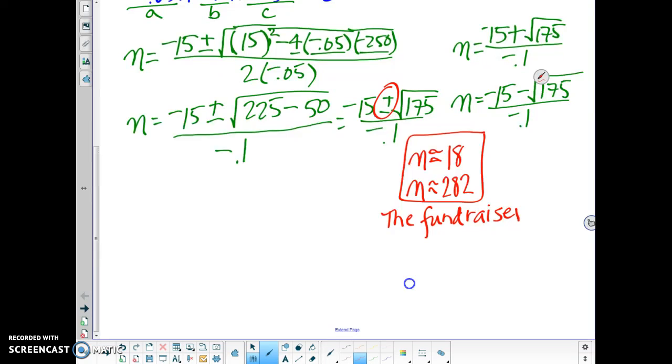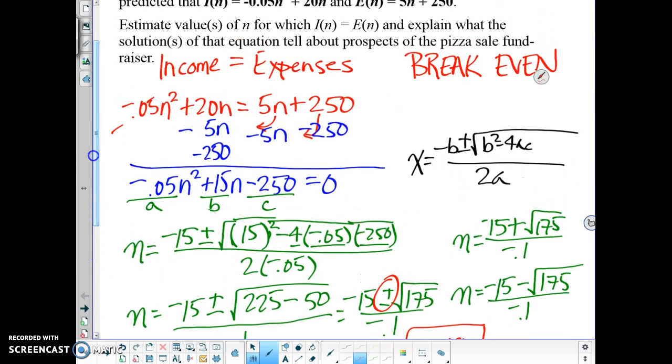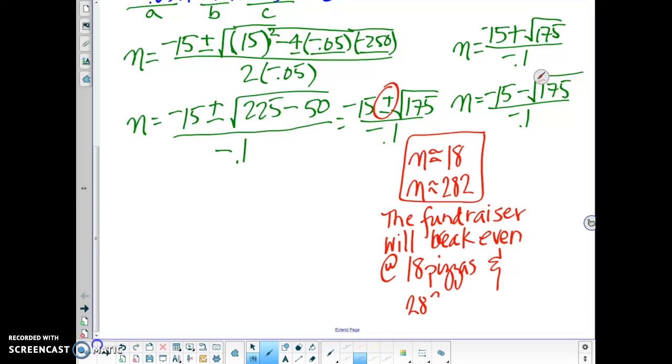Now if you go back to what we solved right here, we set it right here. This is the break-even point. So this is the number of pizzas that will make the fundraiser break even. So the fundraiser will break even at 18 pizzas and 282 pizzas.